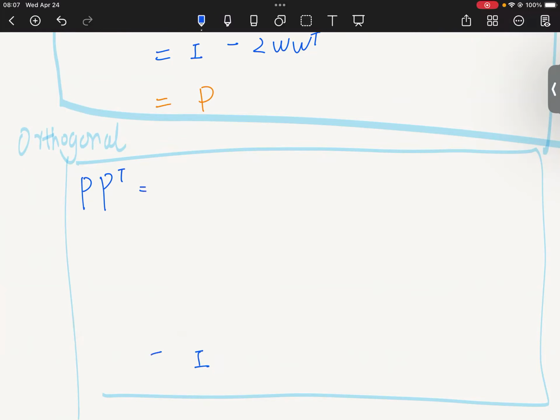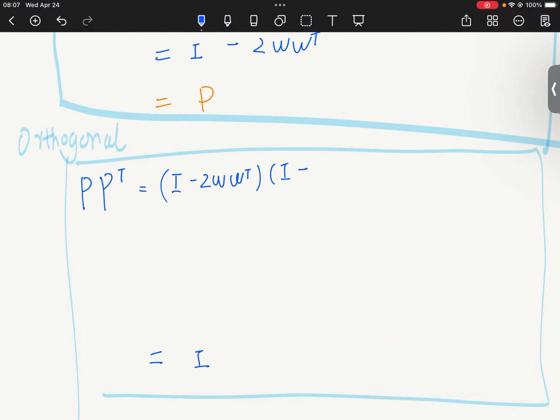Then we use some details to prove it. The P definition is I minus 2WW transpose, and P transpose is just P itself, because P is symmetric.